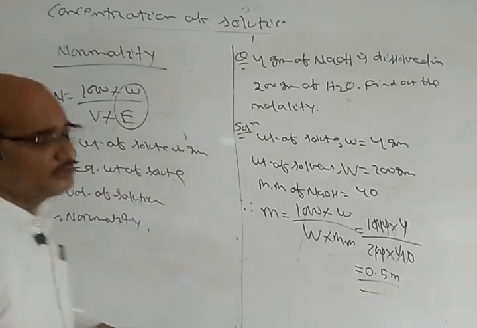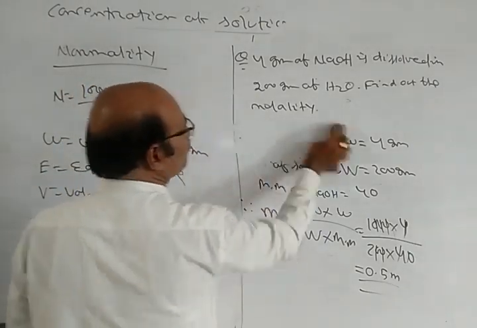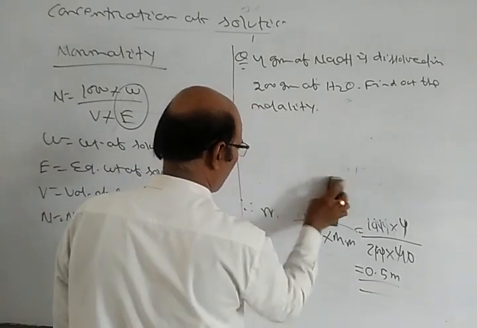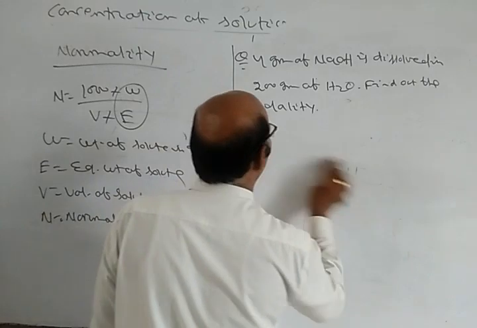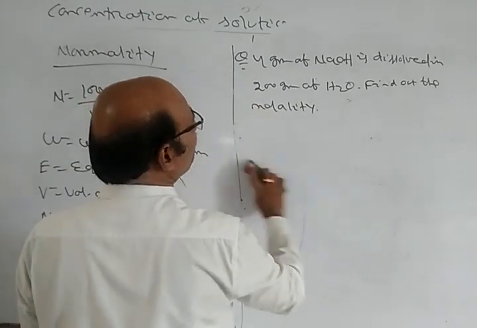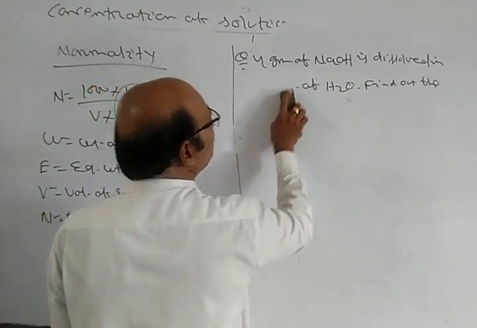Now see how to solve a numerical. 4 gram of NaOH is dissolved in 200 ml of solution.